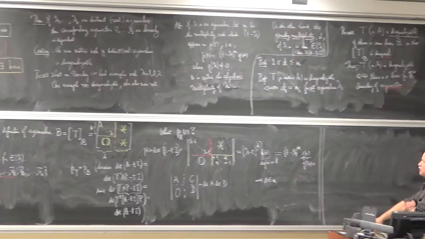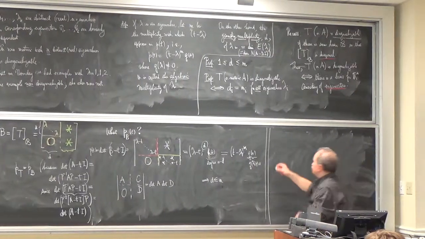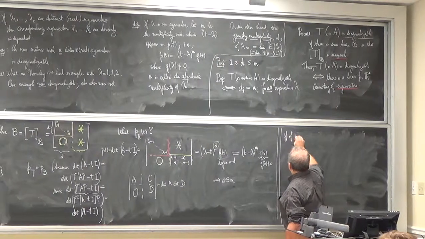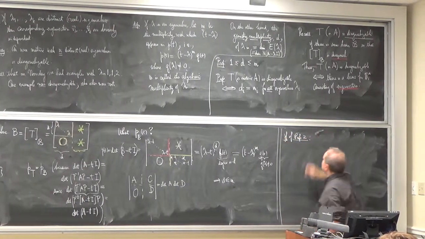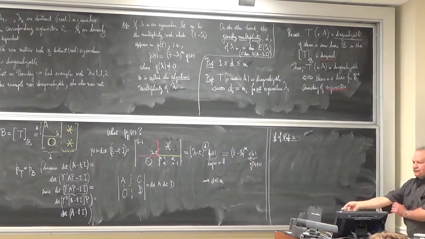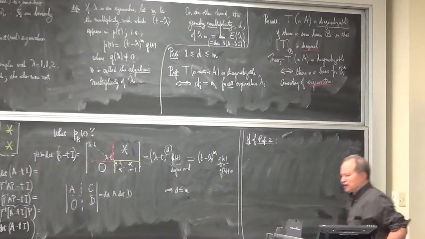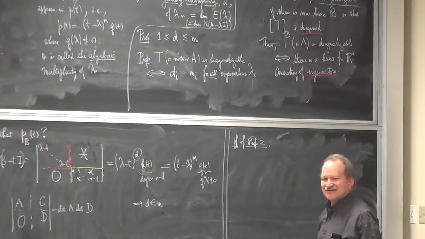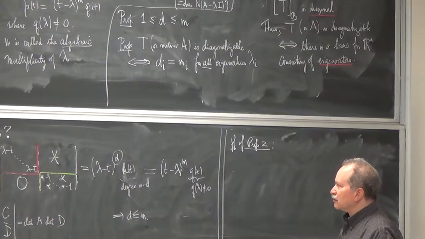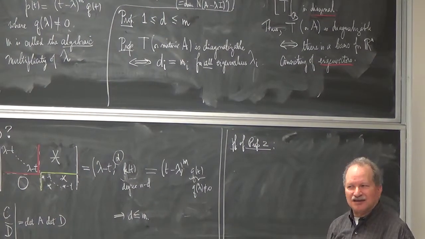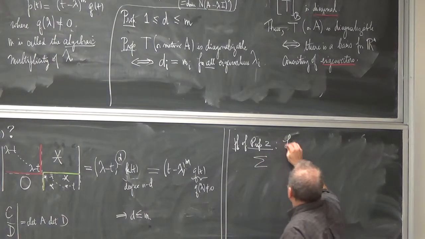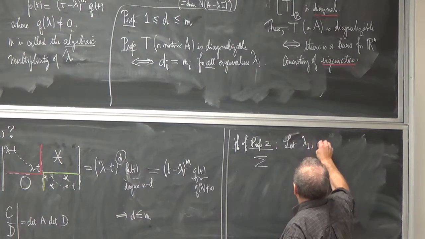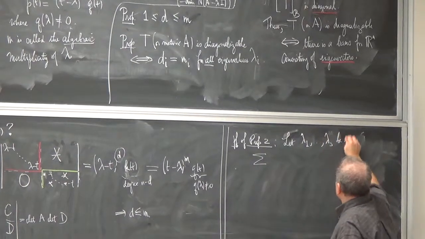All right, so what about the second proposition? Cameron made a point earlier that he's forgotten. Well, the sum of the d's has to be... the sum of whom has to be what? The sum of the m's has to be n. So let lambda 1 to lambda s be the distinct eigenvalues.